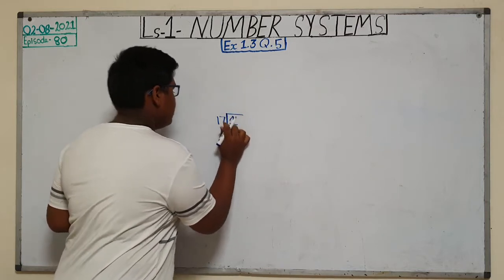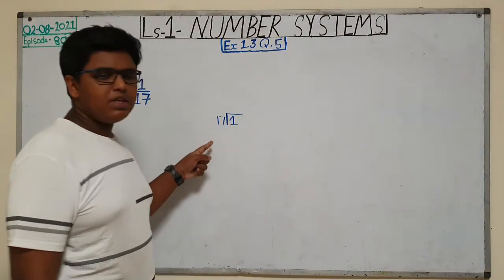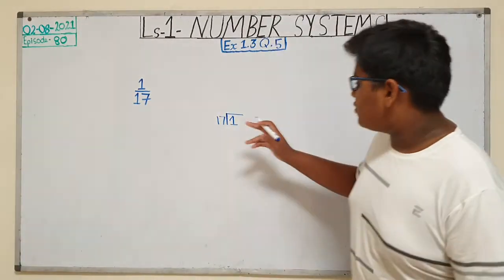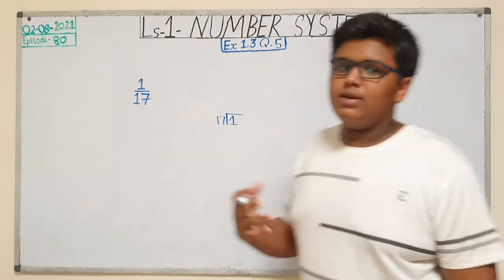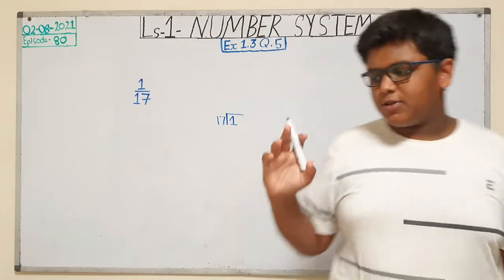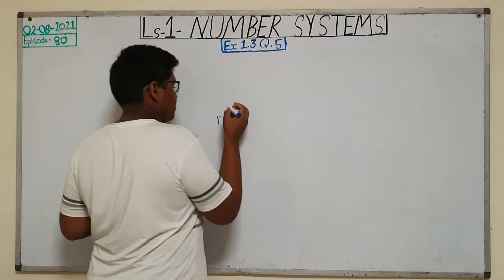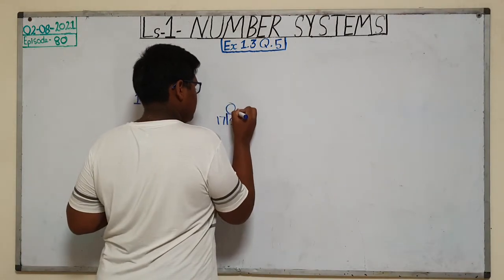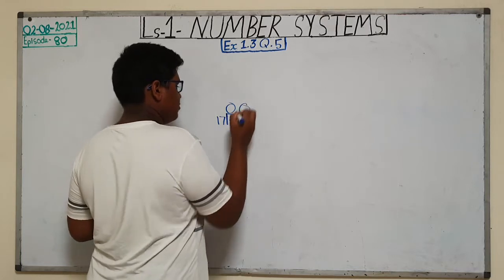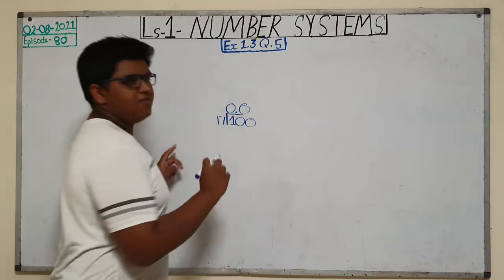Since 1 is smaller than 17, we do the usual division. So let's take 0 point because 1 is smaller than 17. Now we have 10, and we take one more 0 because 10 is also smaller than 17. So now we have 100.